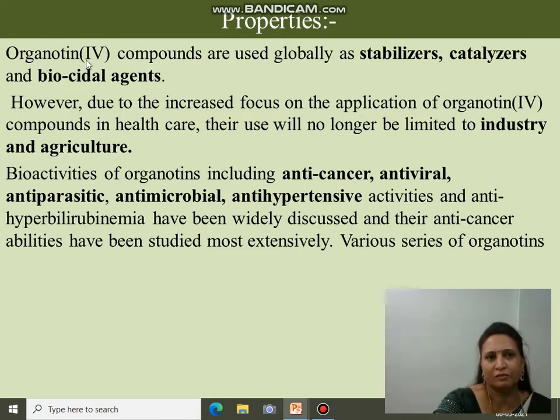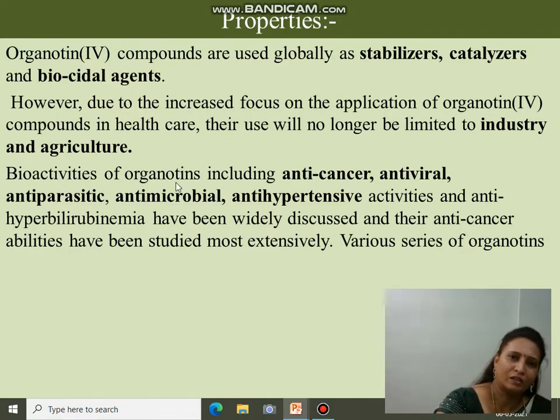Organotin compounds having oxidation state 4 are used globally as stabilizers, catalysts and biocidal agents. However, due to the increased focus on the application of organotin compounds in healthcare, their use in industry and agriculture does not remain so long.